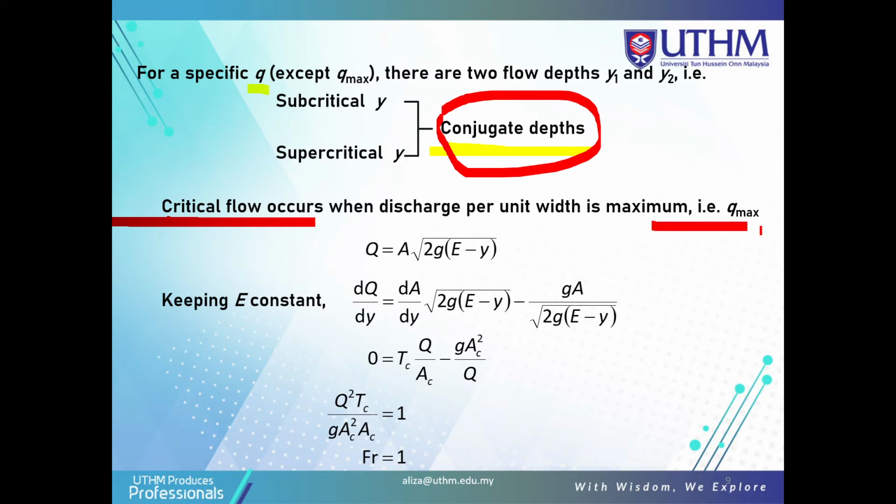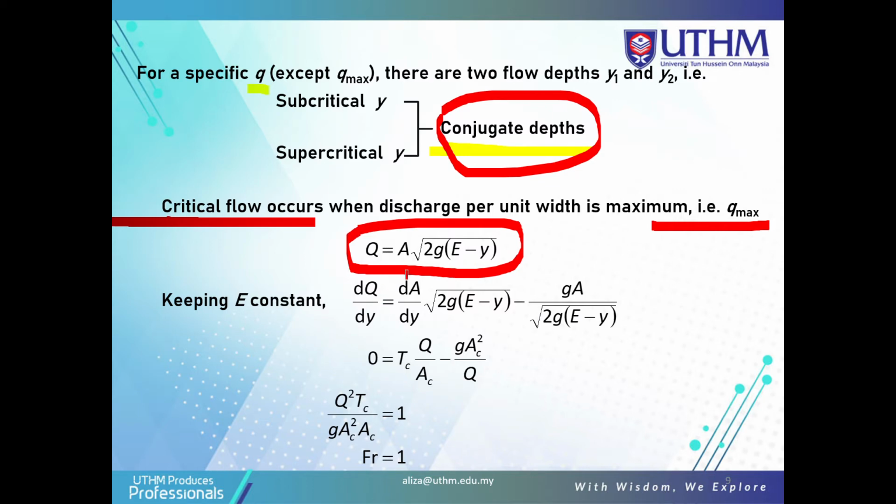In the previous slide, critical flow occurs when E is minimum and we get the y critical using E minimum. Now we use the discharge per unit width with q maximum, so critical flow occurs. We use this formula for rectangular section only.